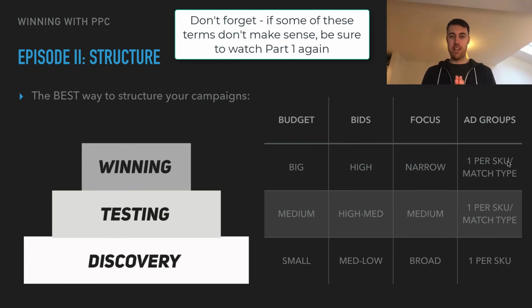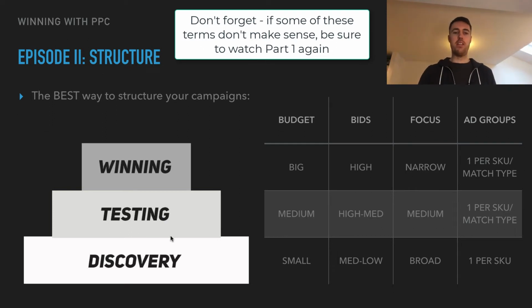Whereas if you've got variations, say you've got a blue and a red product, you're going to need to do blue phrase, blue exact, blue broad, red phrase, red exact, red broad, right? And then you're going to have 6 ad groups within the one campaign. If you have 3 variations, 9 ad groups. 4 variations, 12 ad groups. So it does get difficult the more variations you have, which is why I would recommend starting simple with 1 or 2 variations and building it from there.